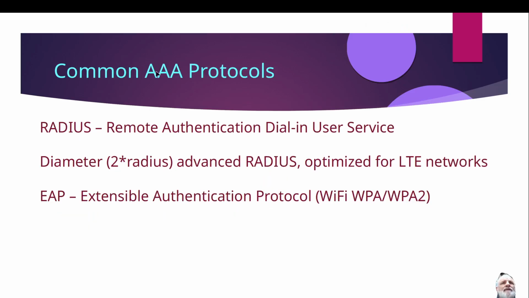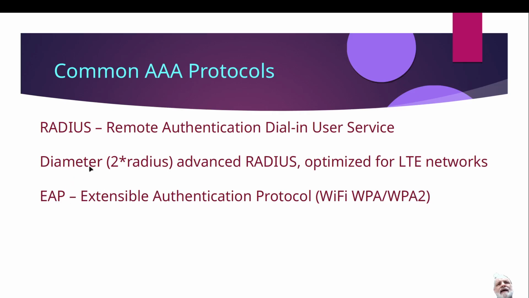All right. Common protocols that follow this AAA: one of them is referred to as RADIUS, or Remote Authentication Dial-In User Service. As you can see, this has been around for a long time. It was developed for dial-up systems.